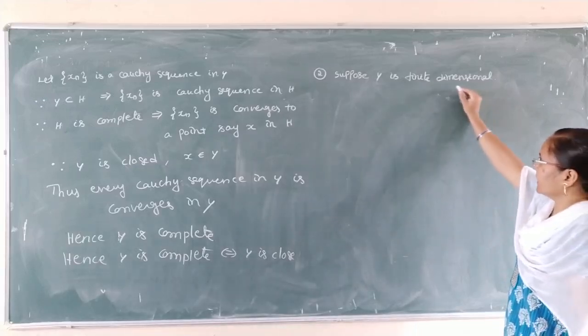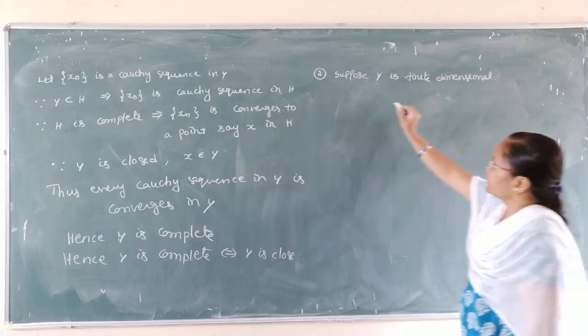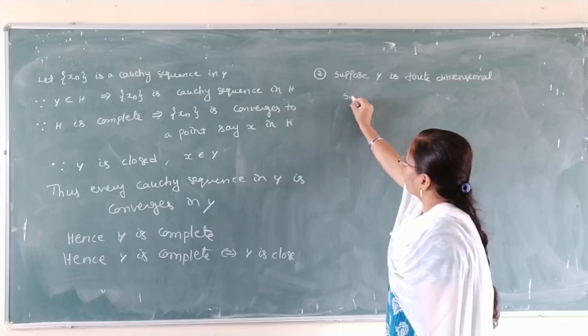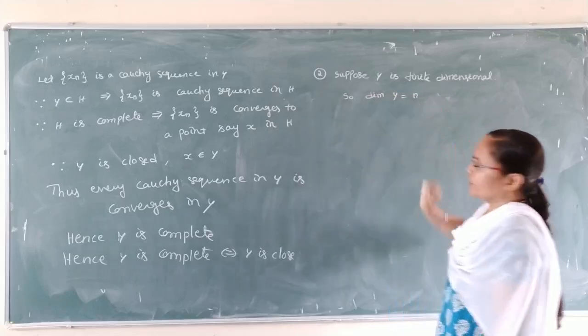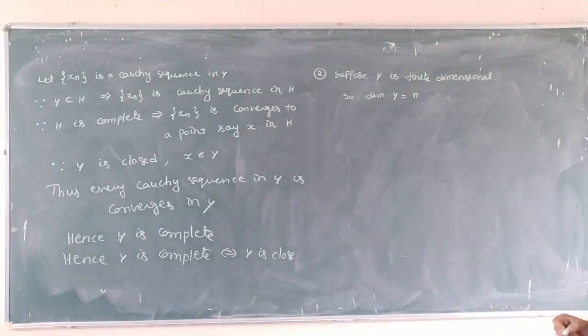So here we are taking finite dimensional, so we are taking a certain value, that is n. Once finite dimension is there, we will say a basis exists for that set.